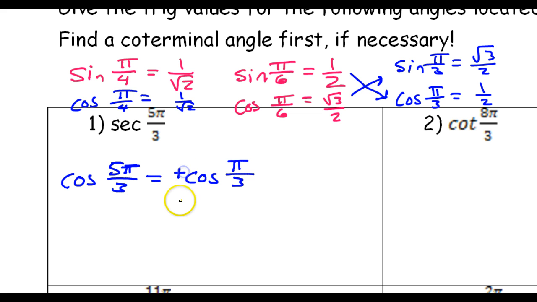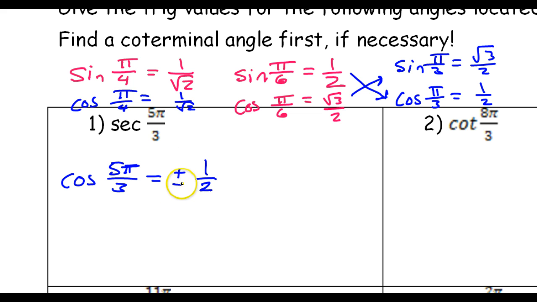Alright? It could end up staying positive, but it could be negative. So we have to just figure out what the sign is. But the cosine of pi over 3, we just wrote that down at the top of our paper, so that's going to be 1/2. It's just a matter of will it be positive or negative.